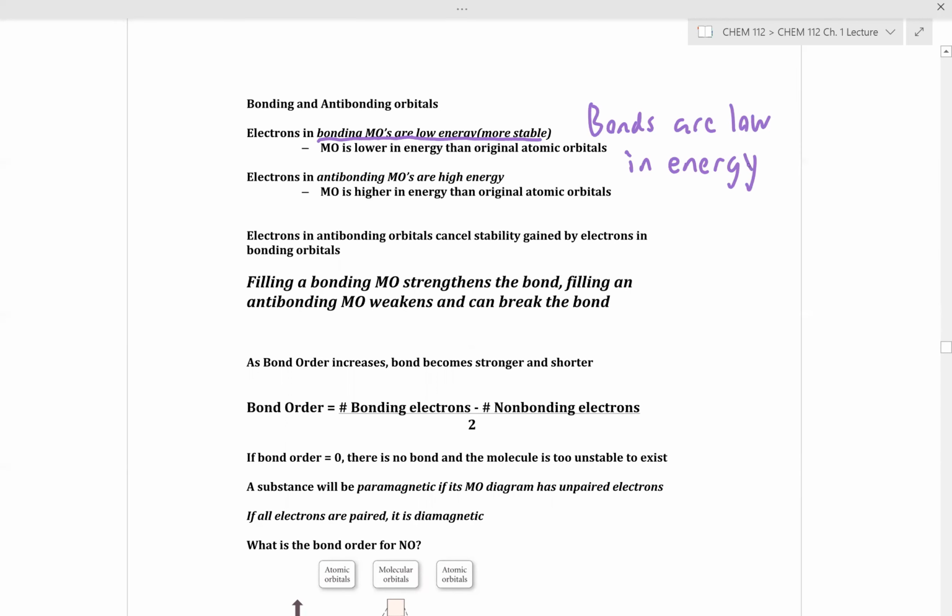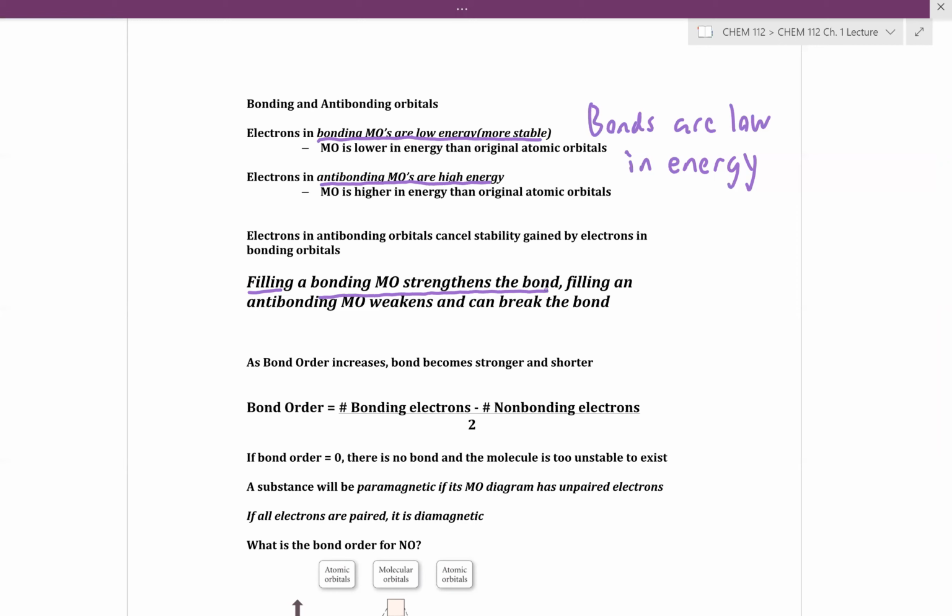When we talked about anti-bonding molecular orbitals, were they low or high in energy? High. They're high energy. Anti-bonding MOs are high energy. Now, bonding and anti-bonding molecular orbitals are related in that filling a bonding molecular orbital strengthens a bond. You're putting more electron density between your two atoms.